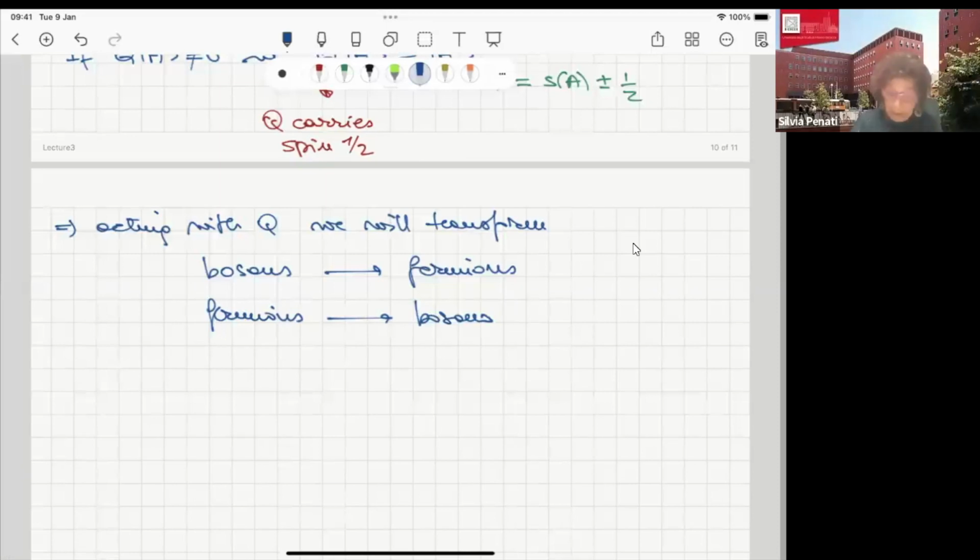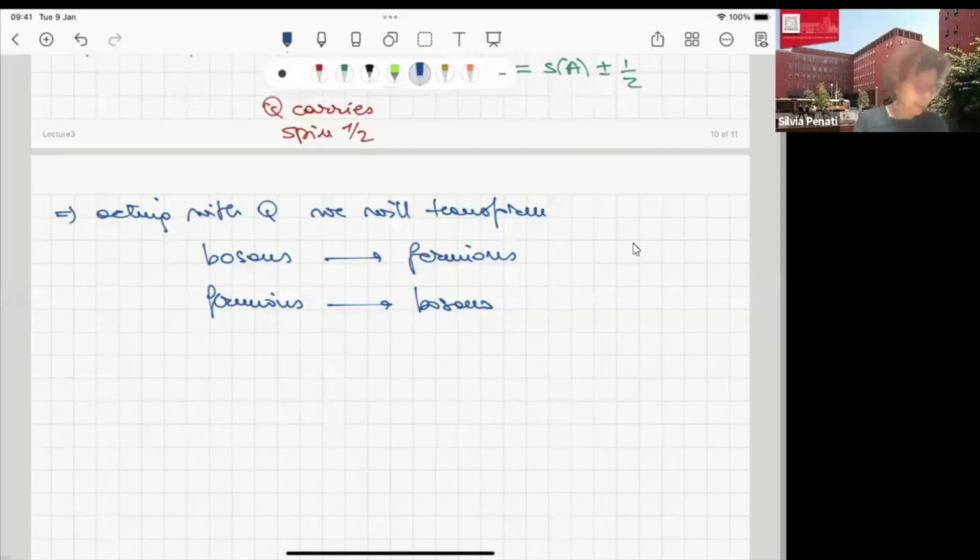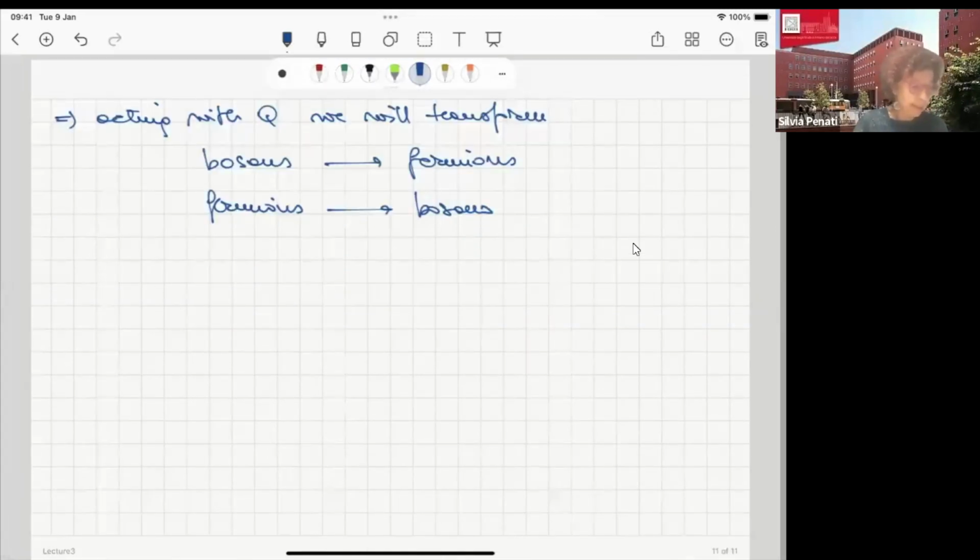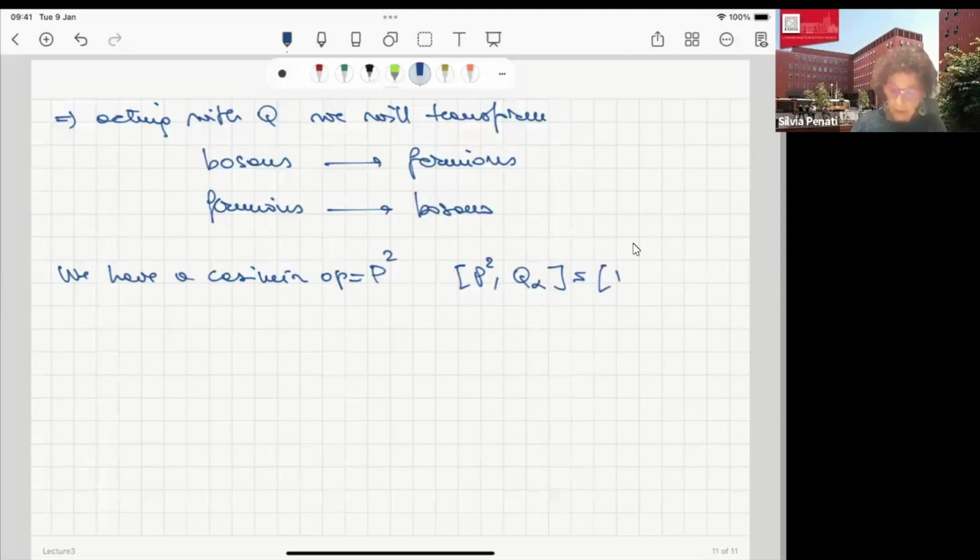This is something that we already mentioned last time, but let me go through it again. Remember that we have a Casimir operator, which is still P square, because P square commutes also with the new generators Q and Q bar.